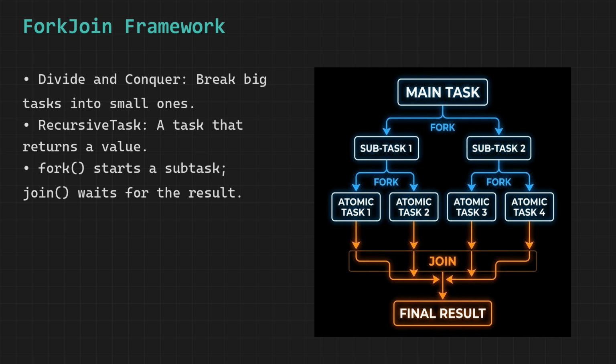Overall, the fork join framework provides an elegant and highly efficient way to tackle large-scale problems by turning a seemingly impossible task into many small manageable ones that can be solved in parallel and then brought back together into a final solution, making it an essential tool for high-performance concurrent programming in Java.